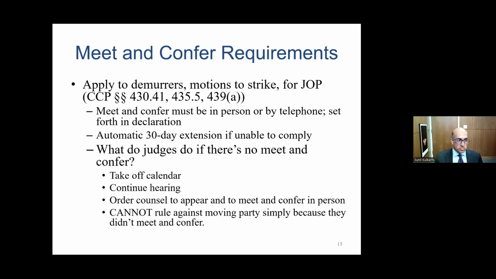I've had situations where I've asked people to meet and confer in the courthouse itself because they couldn't get along. But what judges can't do is rule against the moving party just because they didn't meet and confer. That hammer is too much. But sometimes taking a motion off calendar or delaying it for 2 months is a big deal. It just causes delays for everybody.